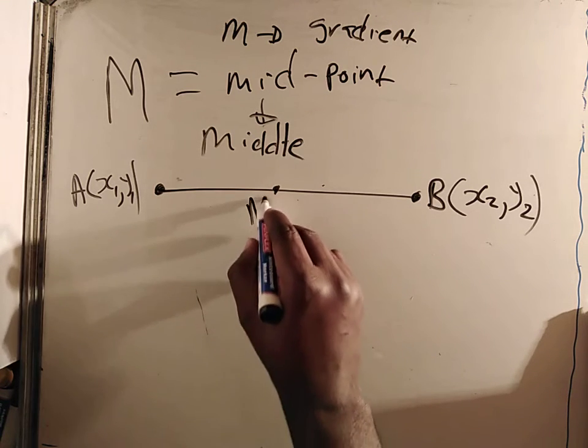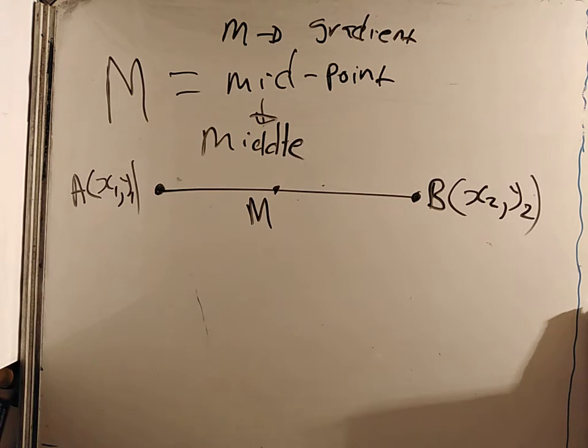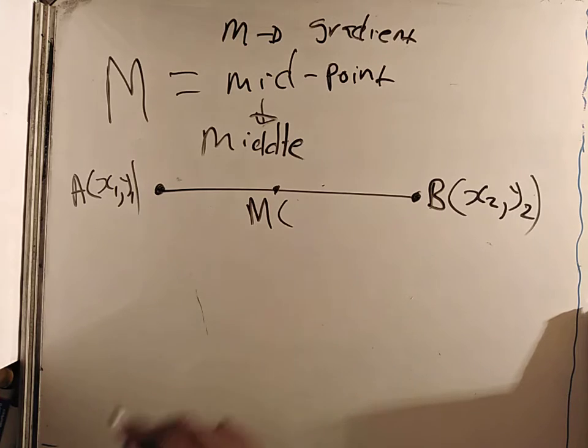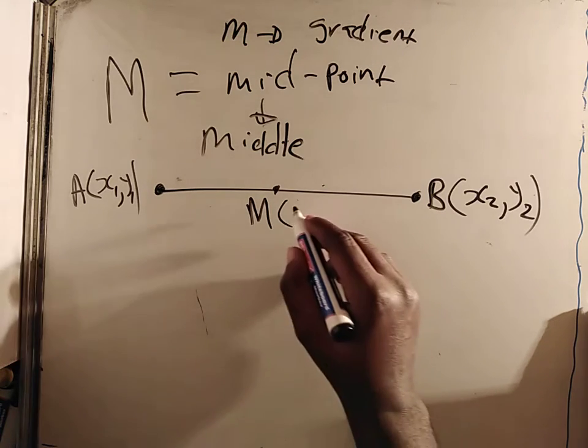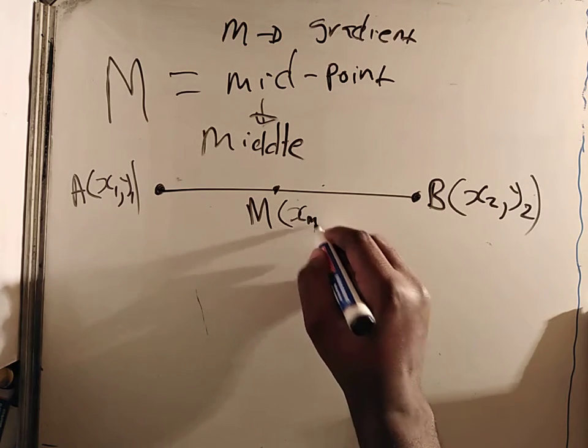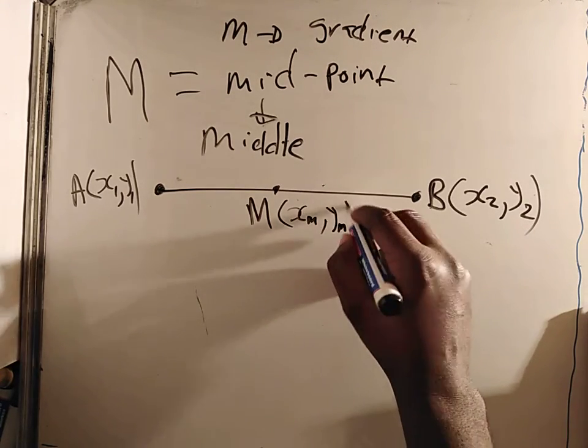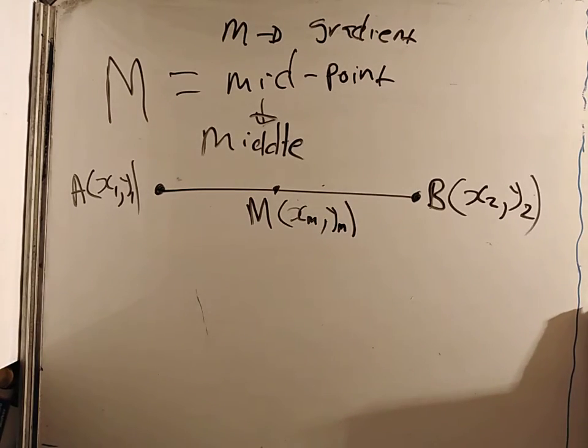We call it M. Because this is a point, when you are talking about a point, you will always have the x of that point, so that is the x of the midpoint, and then you will also have the y of the midpoint. Whenever you've got a midpoint, you will always have the x of it and the y of it.